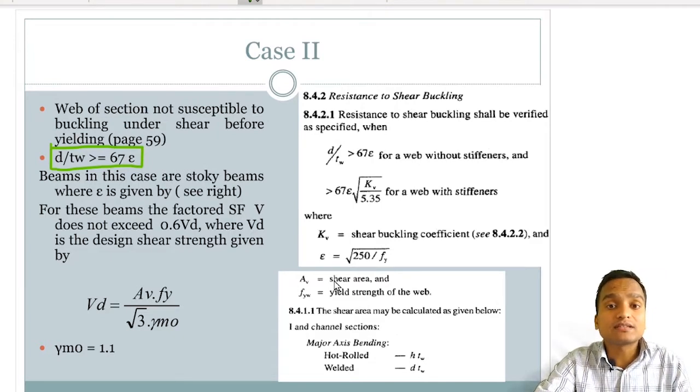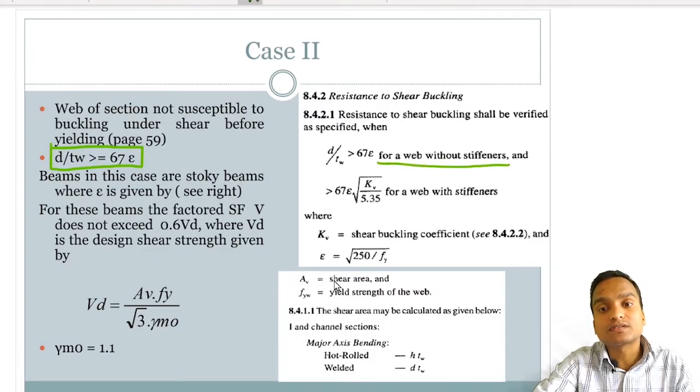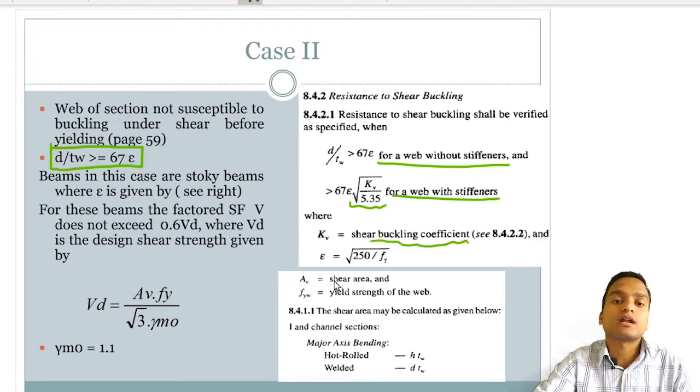The code says that d by tw should be greater than 67 epsilon for a web without stiffeners. And if we have provided stiffeners in the web, then we have to multiply by root under kb by 5.35, where kb is the shear buckling coefficient for the restraint that we have provided.